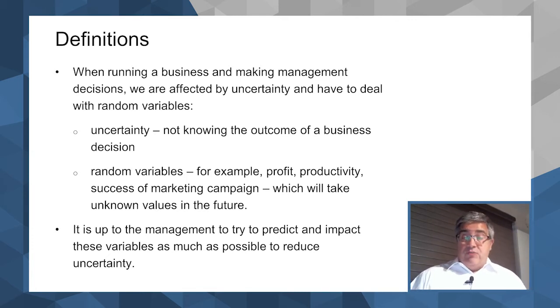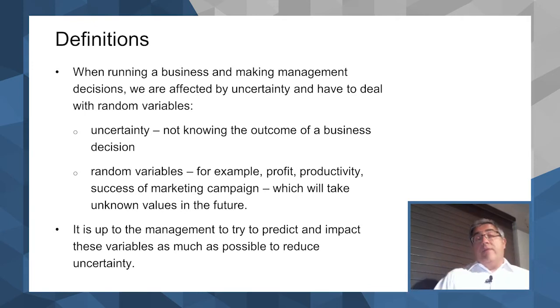So any of those, we are trying to minimize the impact of those, putting systems in place, putting decisions in place that if something goes wrong, we have a backup. And there are variables that we are trying to actively manage and improve. Things like profit, productivity, reduction of waste, all of those, we are actively managing them and trying to shape what the future value of those variables are going to be.